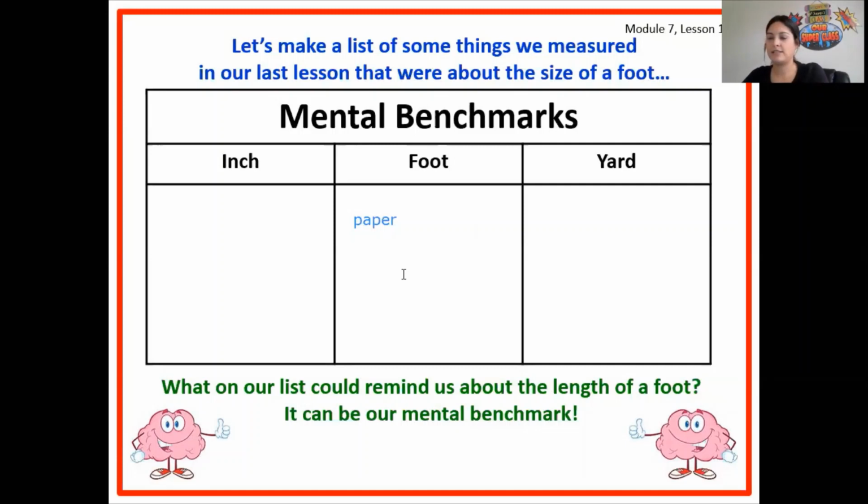Because everybody has a spiral, or a paper from your workbook that we can use. So if you don't have a ruler to measure a foot, because remember, 12 inches equal a foot, you can use a piece of paper or your workbook as a mental benchmark. So you're going to imagine and pretend that your workbook or a piece of paper is a foot, okay?